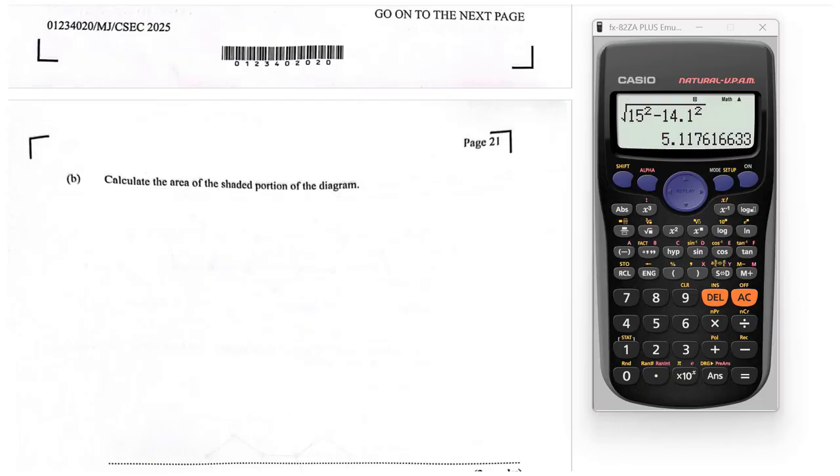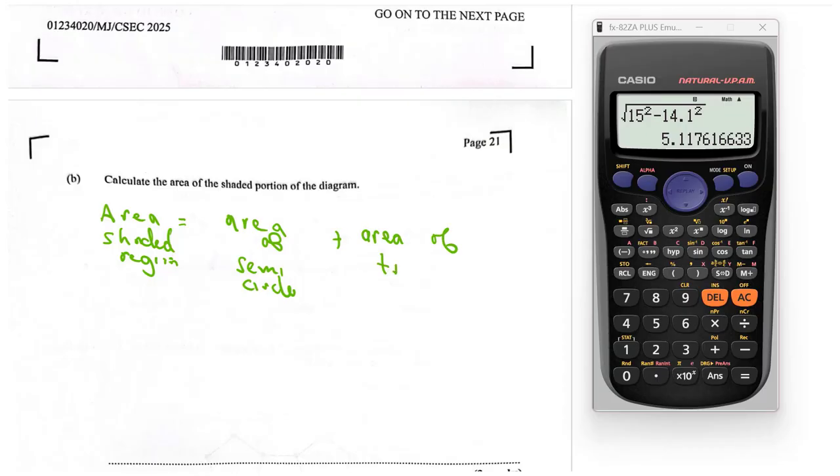So the area of the shaded region is equal to the area of the semicircle plus the area of the triangle.